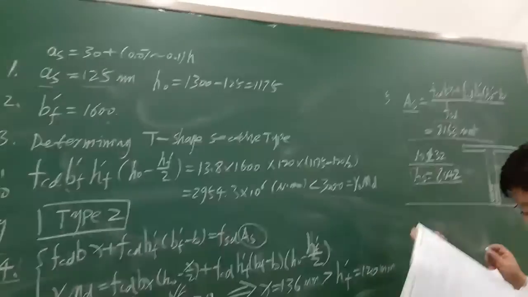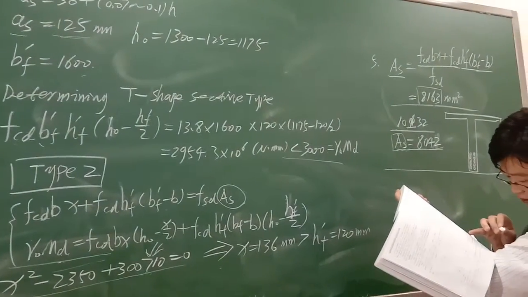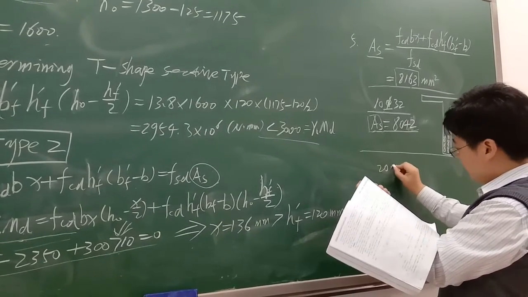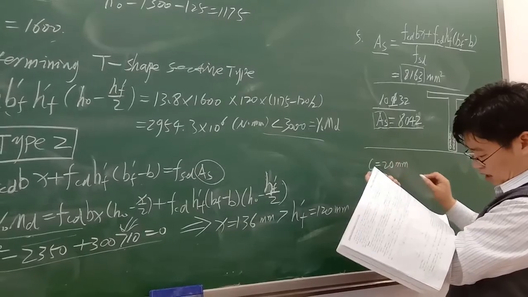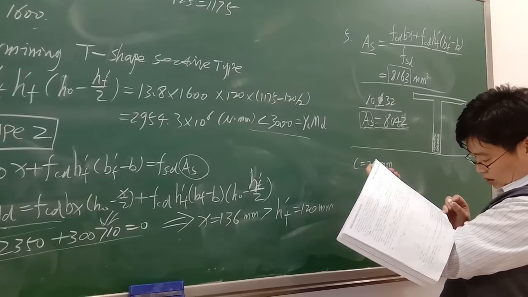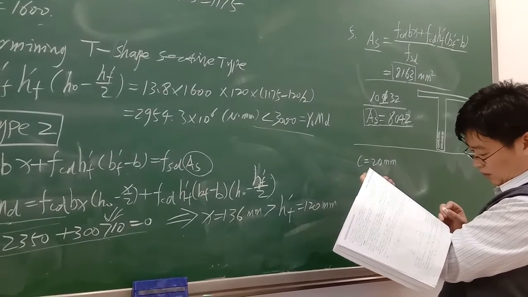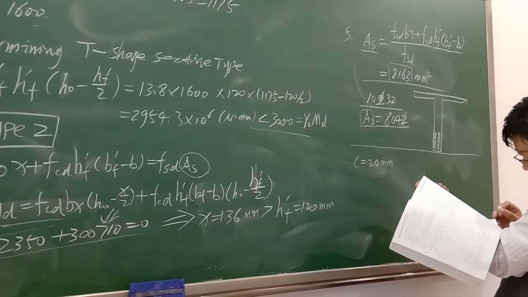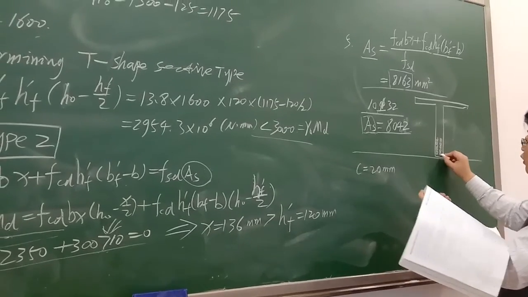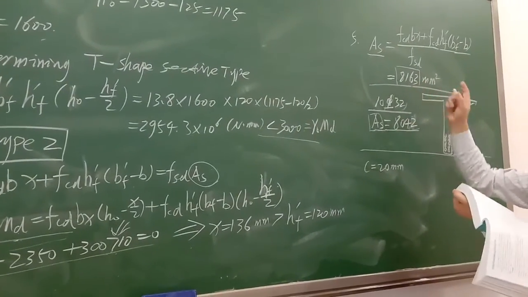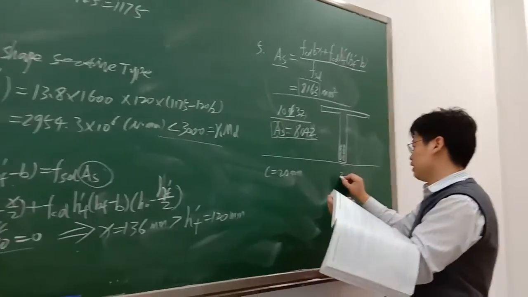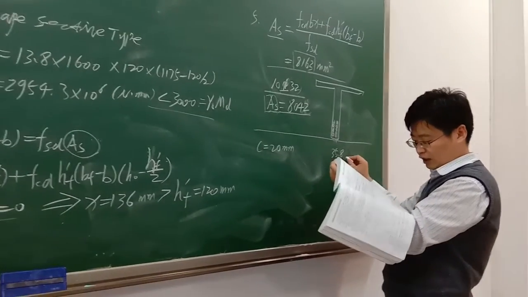Finally, the cover thickness they use is 20 millimeter, and we check the construction requirement. Because the diameter is 22, the outer diameter is 35.8.